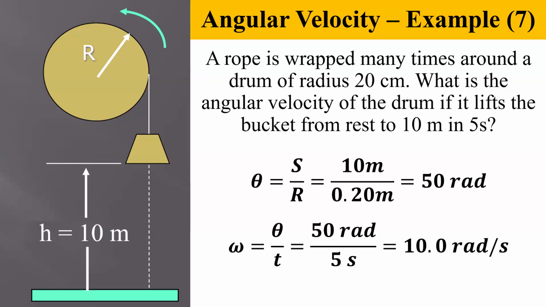So omega is theta, the angular displacement, 50 radians, divided by t, the total time taken to raise it, which is 5. And so you'll get 10 radians per second. Remember, angular displacement is not measured in meters, it is measured in radians, and the time t is still in seconds. So your angular velocity here is in radians per second.